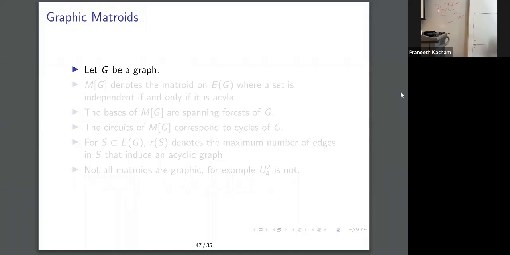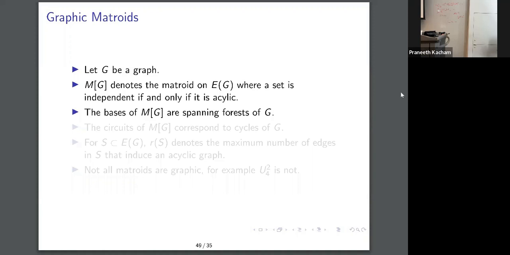Special cases are hard. So a special case of the matroid is when we have a graphic matroid. Our function is the rank of the graphic matroid, that is the size of the maximum spanning forest of the subset of edges.